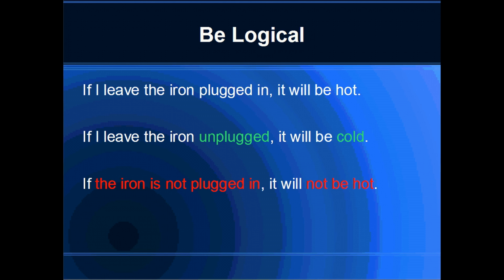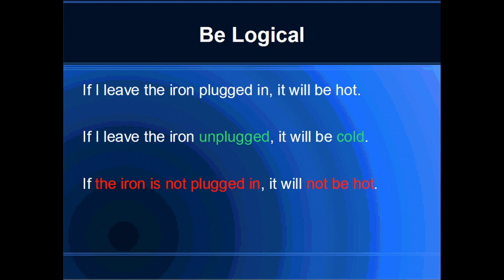To make the terms contradictory, you are negating what they were before. In some cases, when you negate the terms, you get the same meaning as if you had made them opposite. For example, if the iron is not plugged in, which means the same thing as being unplugged, it will not be hot.